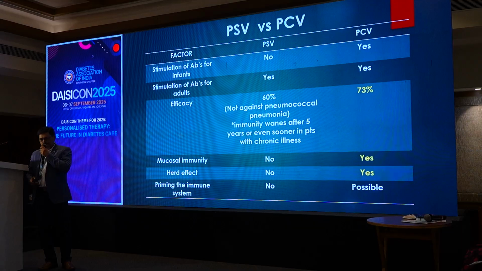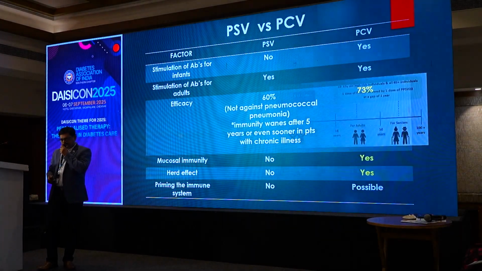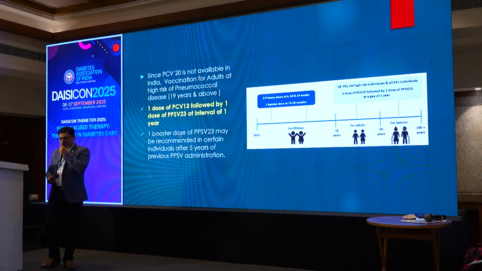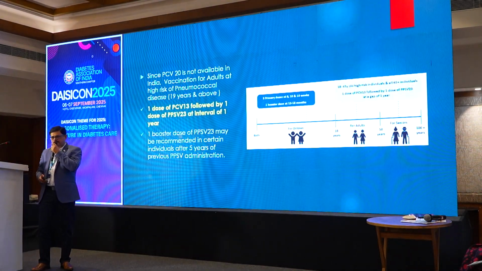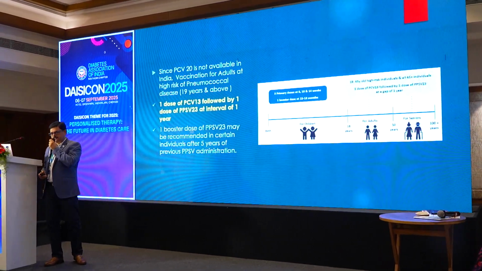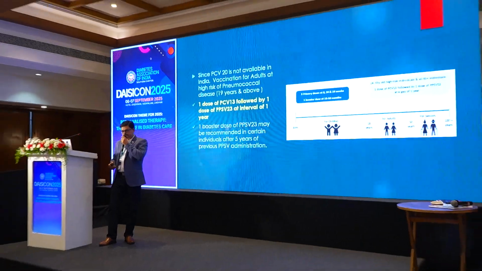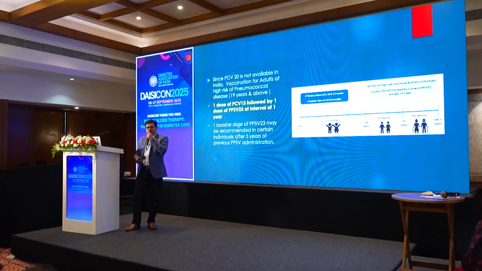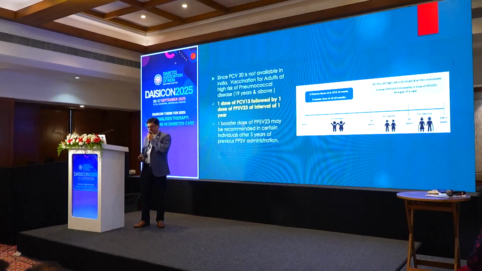It also has the advantage of priming the immune system. Two doses can be given: the first dose of PCV followed by a dose of PPSV 23 at an interval of 1 year. A booster dose can also be given after 5 years of the previous immunization.